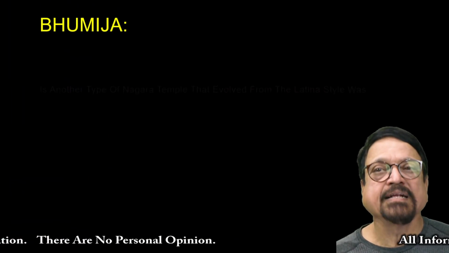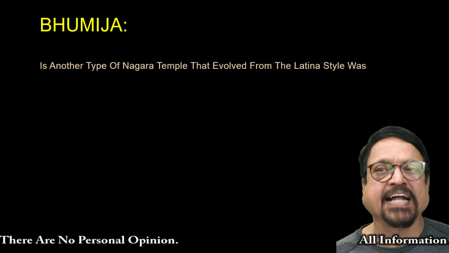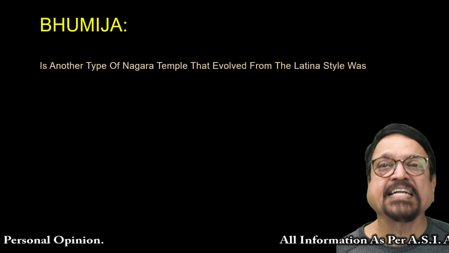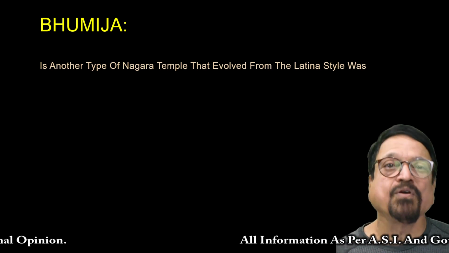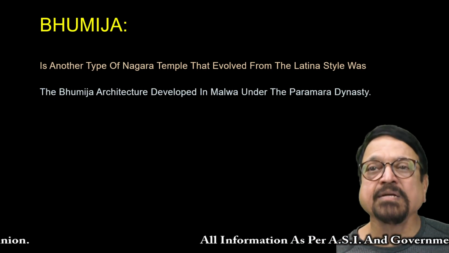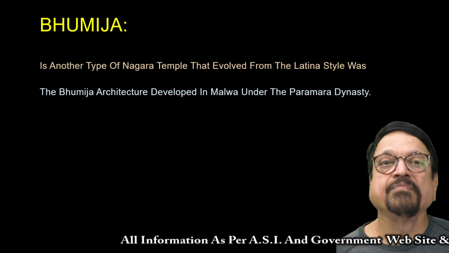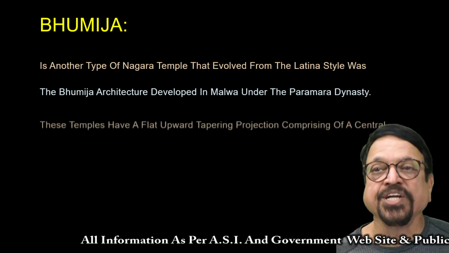Then let's come to something slightly different, the Bhumija. Bhumija is a variant of it. Another type of Nagara temple that evolved from the Latina style was the Bhumija architecture, developed in Malwa under the Parmara dynasty.